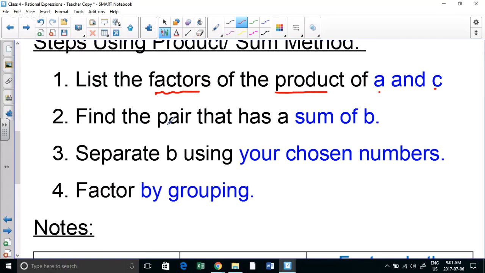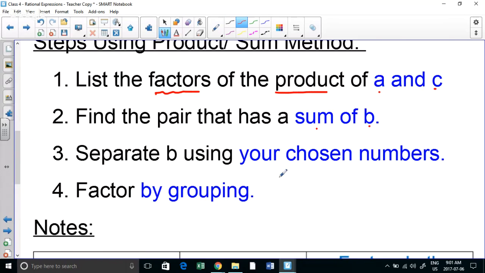You're going to find the pair of factors that add up to b, and those are what you're going to separate your b term into. Then you're going to factor by grouping, because then you'll have 4 terms to do the grouping with.